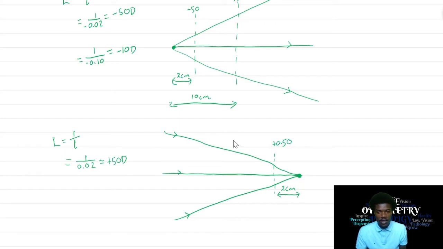And if you check it again, as we continue to move away from the point source, as that distance increases, the power of this is going to continue to decrease. So how about 10 centimeters here as well? Plug it into the formula, 1 over 0.10, we're going to get plus 10 diopters.